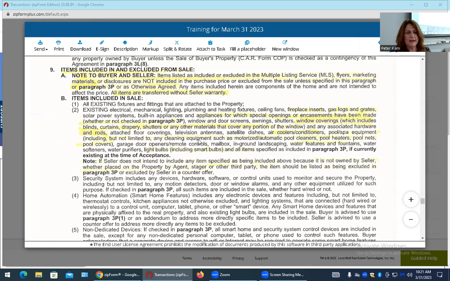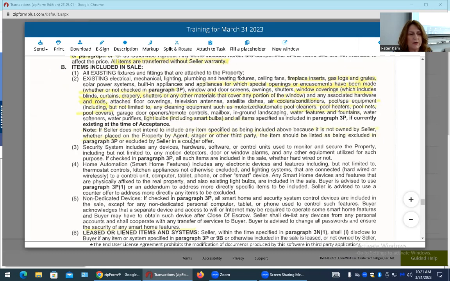So when you're taking a listing, make sure that you understand in paragraph 9B what is included in the sale so that you know well ahead of time if the seller does not intend to leave one of these items or does not wish to, that you will put a big red note on your file to counter that out when you receive an offer and are preparing your counter.